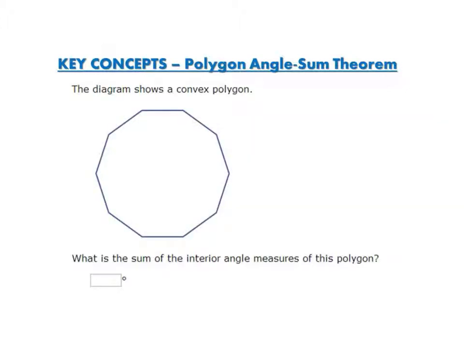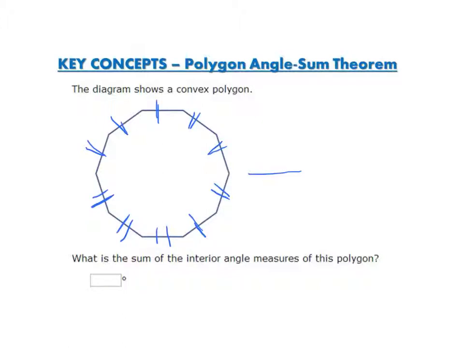Alright, here's a convex polygon, and they want to know the sum of the interior angle measures. So first of all, we need to find out how many sides it has. So I'm going to mark the sides. 1, 2, 3, 4, 5, 6, 7, 8, 9, 10. Alright, so we know that to find the sum of the measures, we need to take the number of sides minus 2.